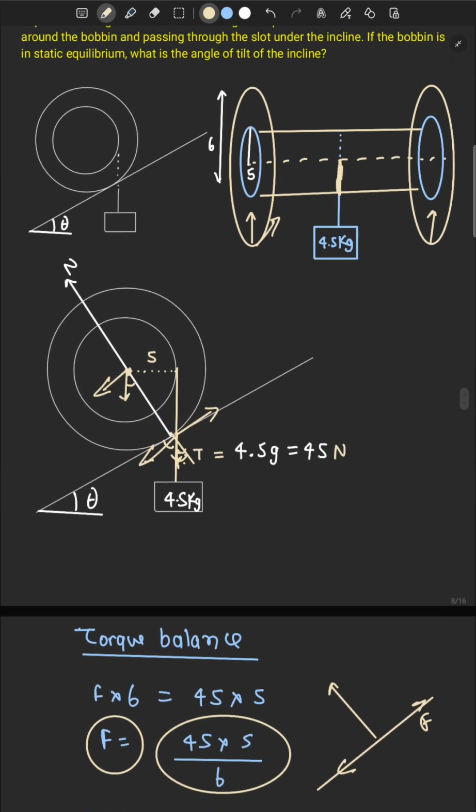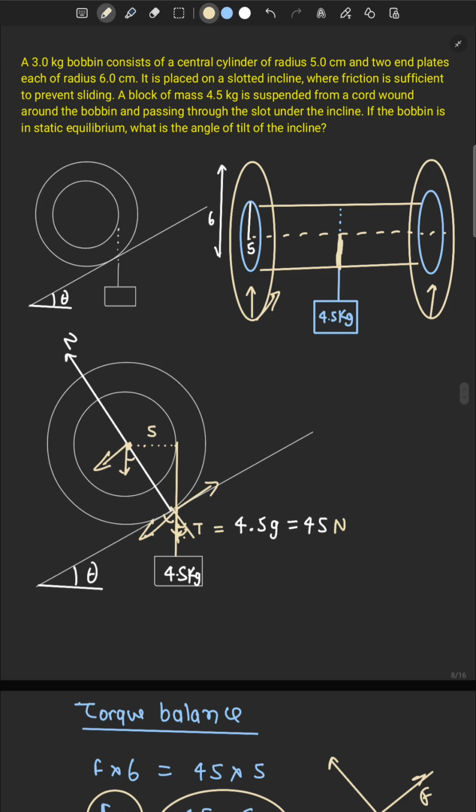The main thing in this problem is this diagram, if you are really able to visualize it. Another thing is why the torque of the normal is zero. It's not because it's passing through the line, it's not passing through the line.